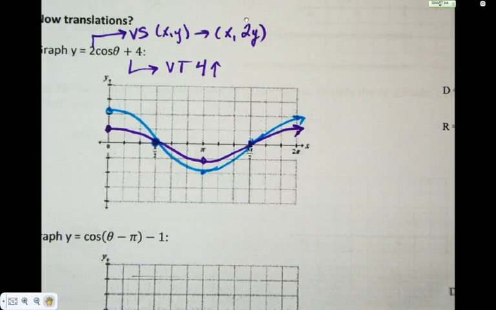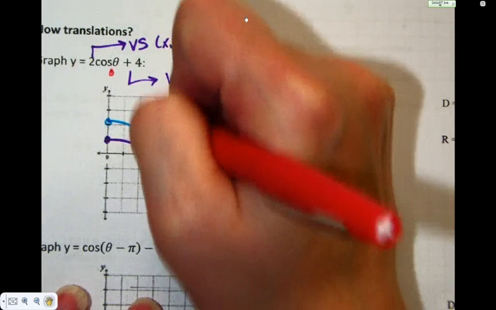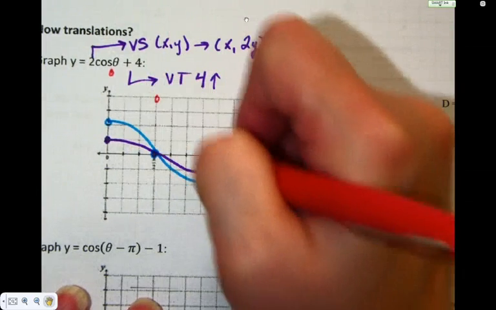Okay, grab red, do the translation, which we might have to add some points to the top. Oh, we really need to add points to the top.